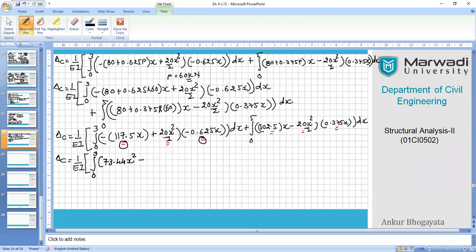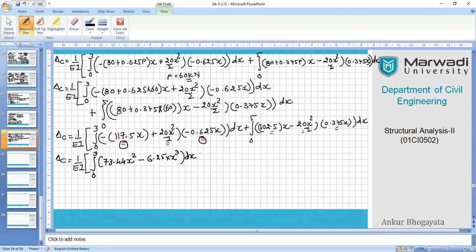Now negative 20 by 2 becomes 10, so 10 into 0.625 becomes 6.25, but negative. So here negative 6.25 into x cube. So do not forget that we have a square and an x, so that is cube, right? So here it becomes dx.